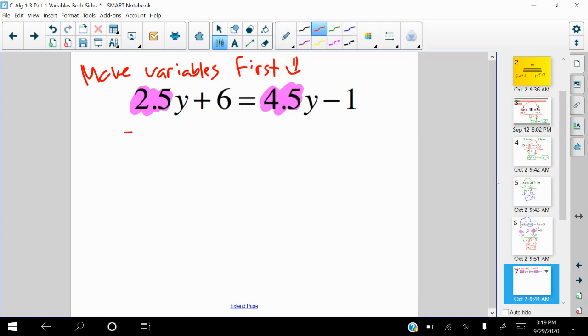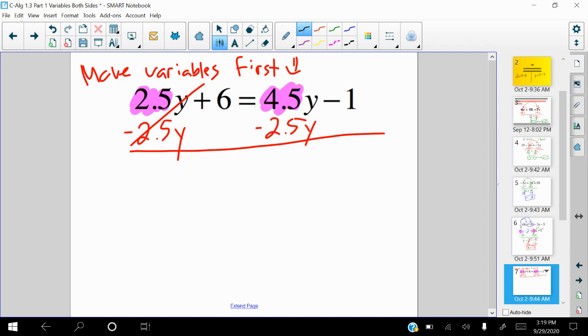So I'm going to subtract 2.5y and move that to the other side. I know it's decimals, but it's okay because it's still just operations, just how we've been doing. Okay, so 2.5y minus 2.5y goes to 0, so we're left with 6. Now we have 4.5y minus 2.5y, which is 2y, and we drop down that minus 1.